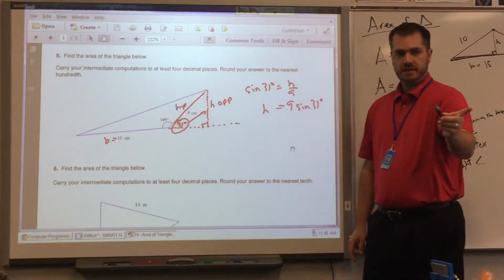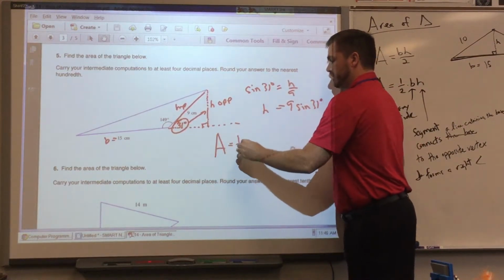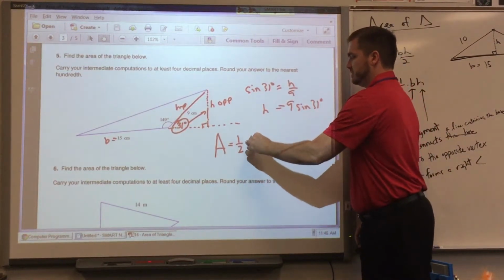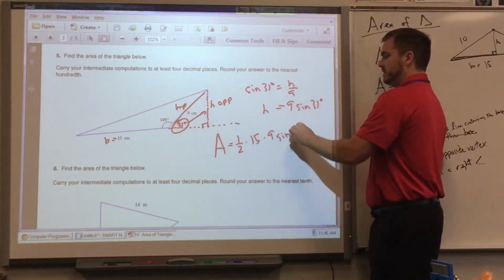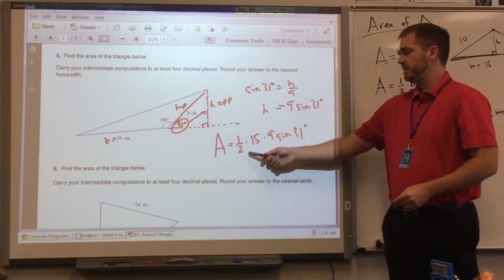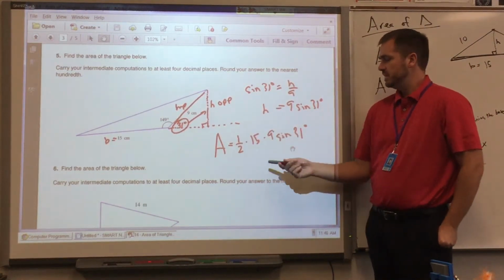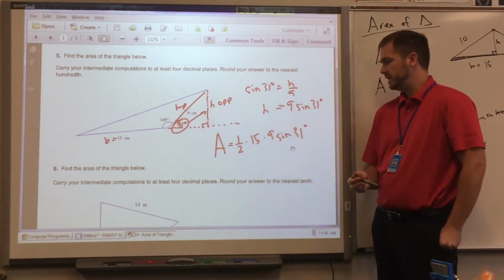Don't touch that calculator yet. Area equals 1/2 the base times the height, 9 sine 31. Interesting that if you are one for noticing patterns and what we did with the other one and how it resembles this, it works even for obtuse angles like that. It's kind of cool.